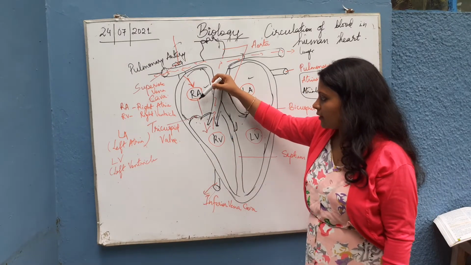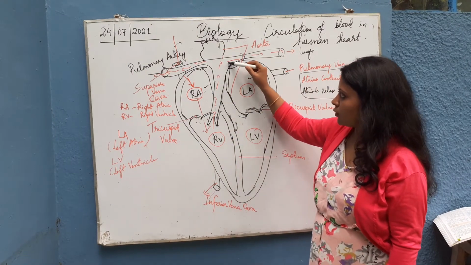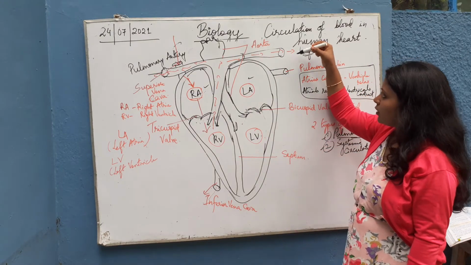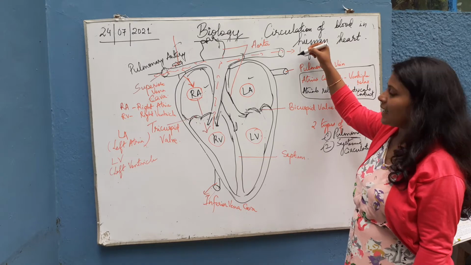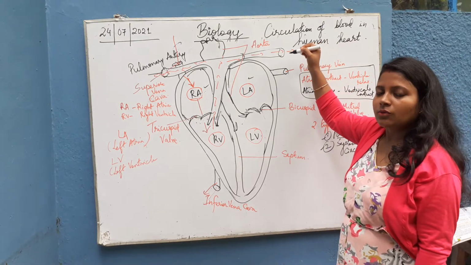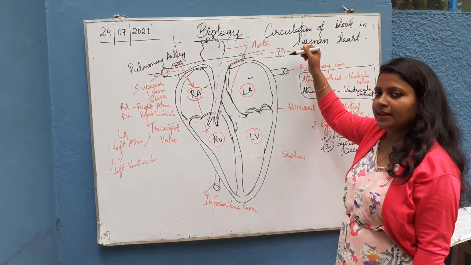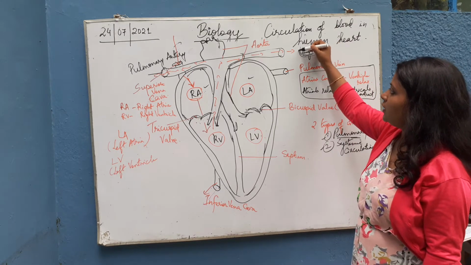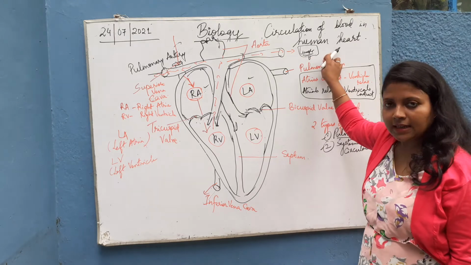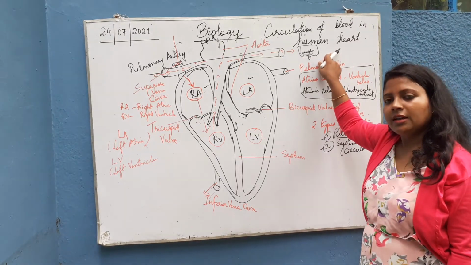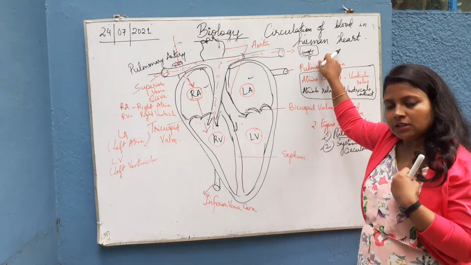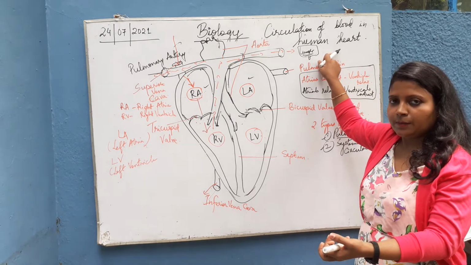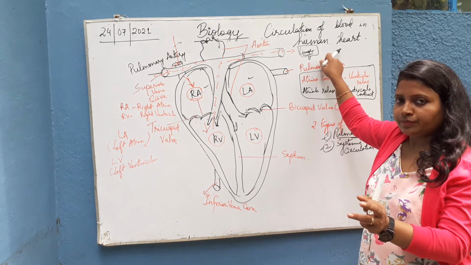Now the blood which has flown through the pulmonary artery to the lungs, okay, which was deoxygenated has become oxygenated because of the alveoli in the lungs. The alveoli is mainly for absorbing, what we call, carbon dioxide and releasing the oxygen, okay.